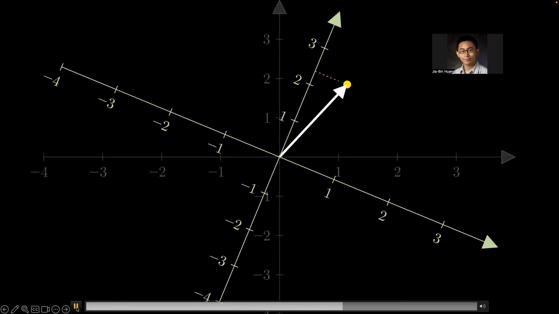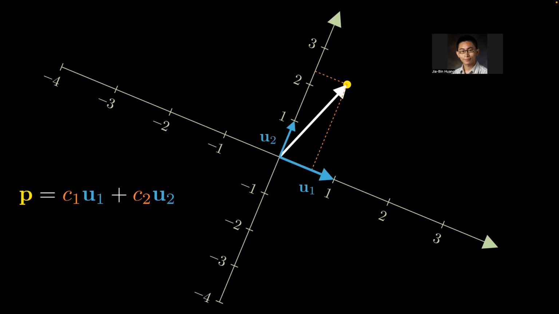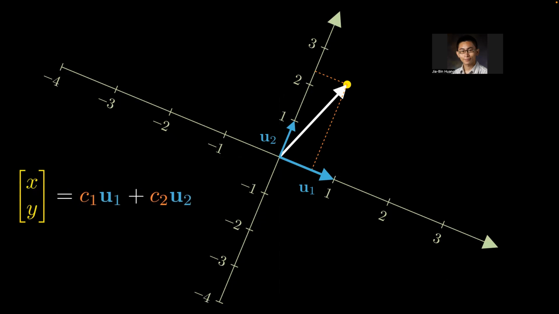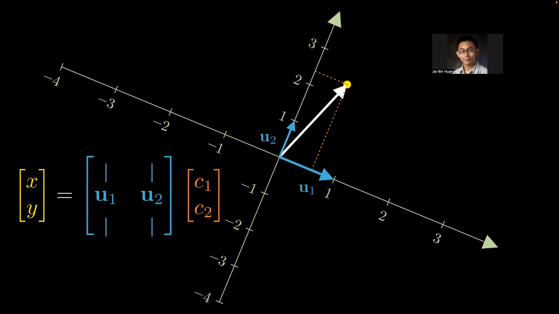Okay, so now you want to know the coefficients of that point. You have a new basis, and you want coefficients C1, C2, so that the XY location is essentially C1 times U1 plus C2 times U2. That's just a way to represent this.